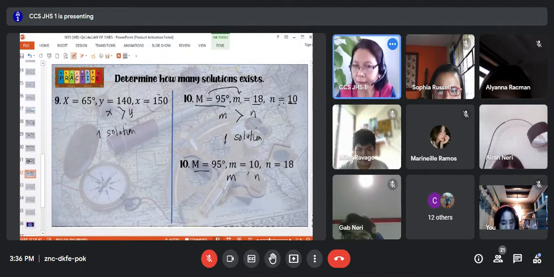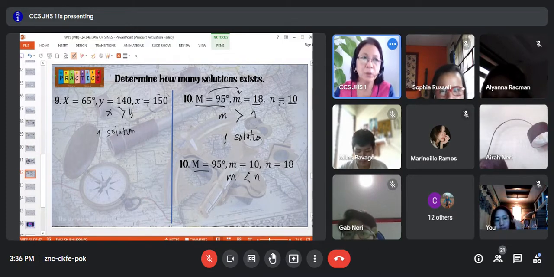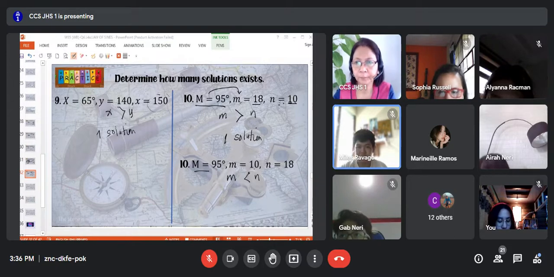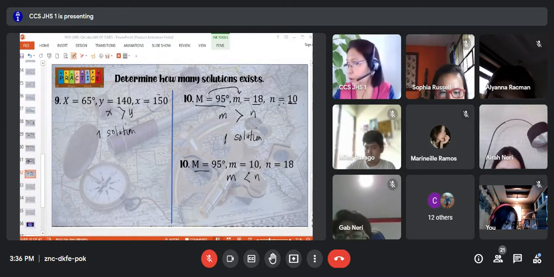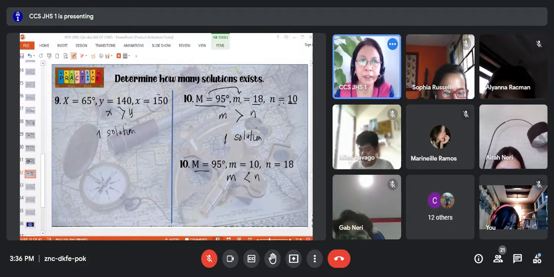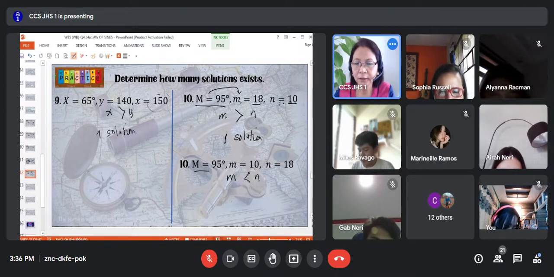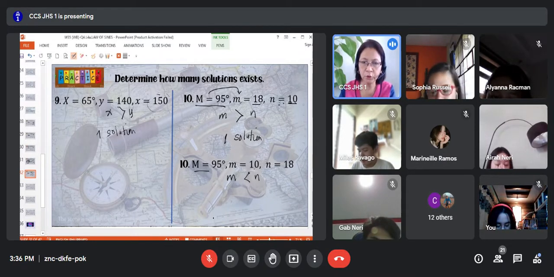It is less than. 10 is less than N. So how many solutions? No solution. Zero. Okay, no solution. Questions is how you determine if there is a solution or not, given a set of data.